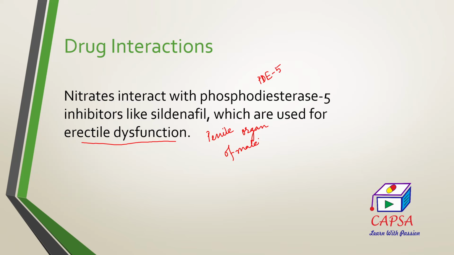Okay. In erectile dysfunction, actually blood flow decreases. So we need to do what? We need to increase the blood flow. To increase the blood flow, obviously we need to do vasodilation or relaxation of smooth muscles.